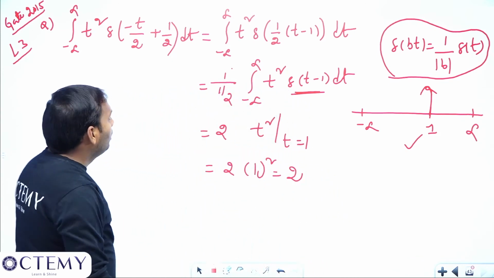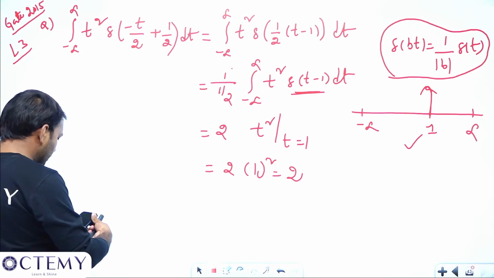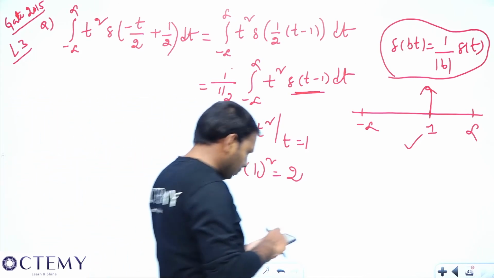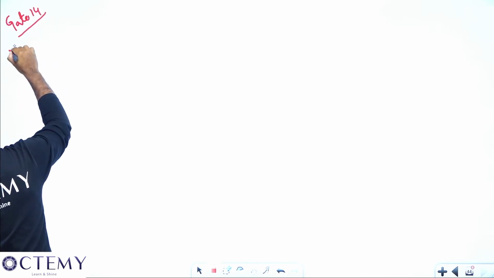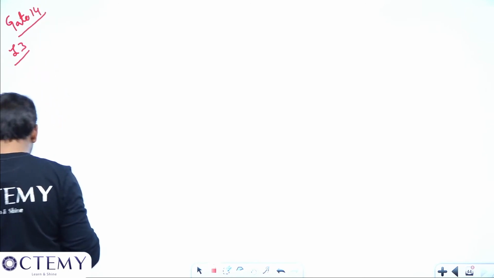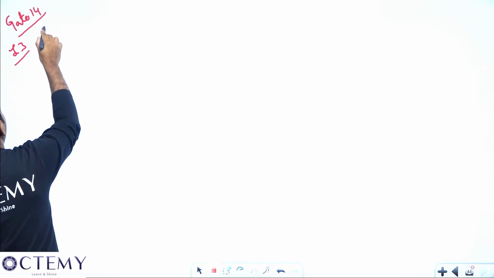Okay. And one more previous GATE problem. So I will try to consider. So this is GATE 2014 problem, and it is level 3. You feel little bit difficulty in solving this problem.